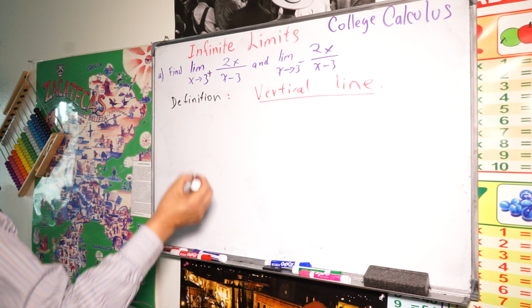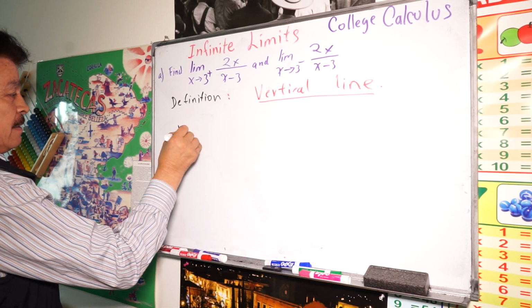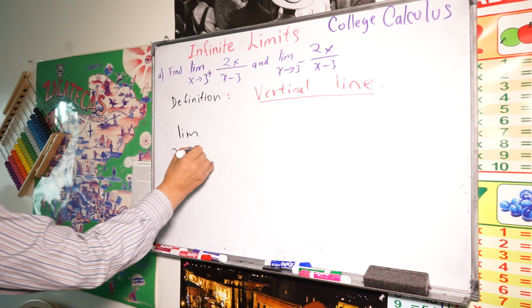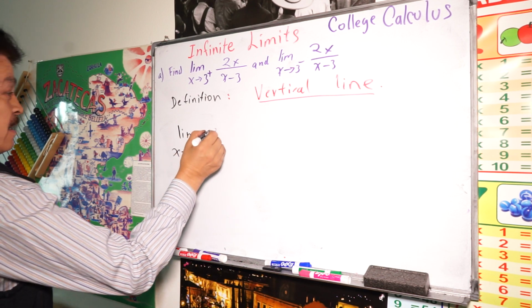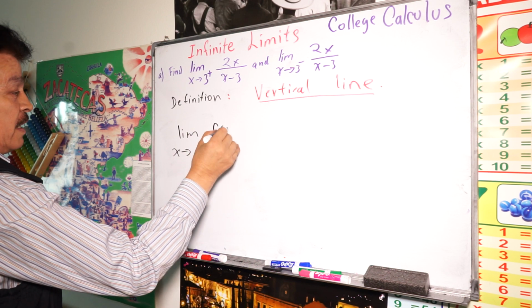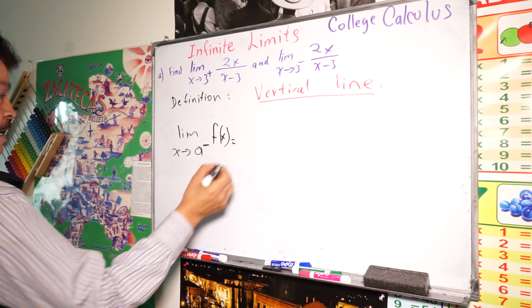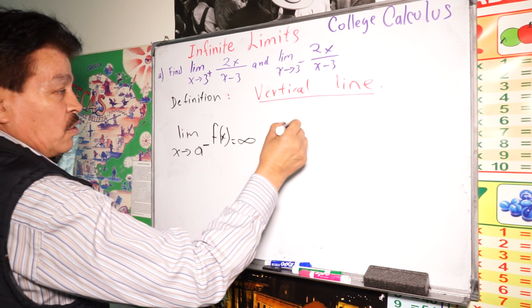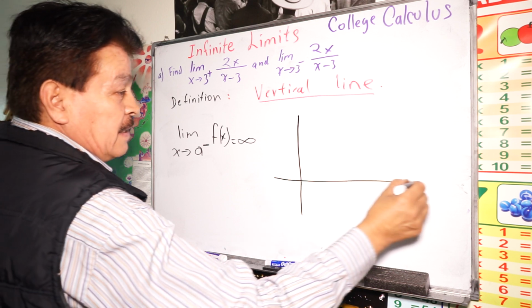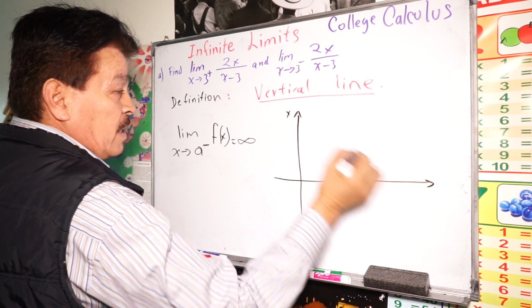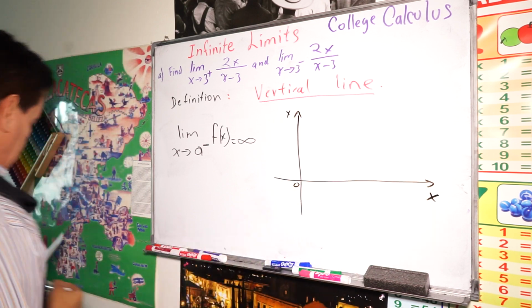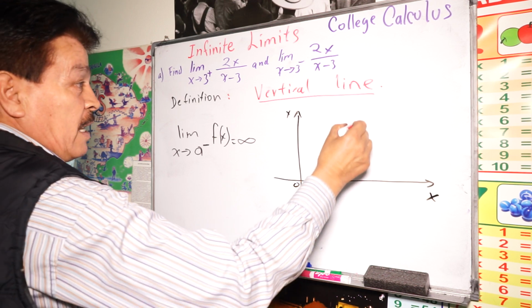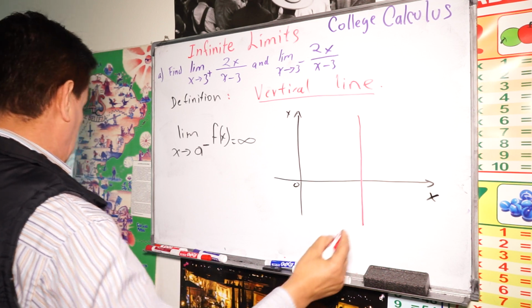The first one, when you have the limit as x approaches a of f of x equals infinity. So the graph, let me show you the graph right here. This is y, this is x, it's the origin, and then this is the vertical line.